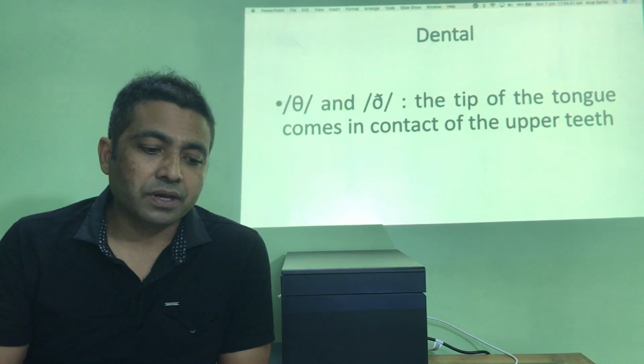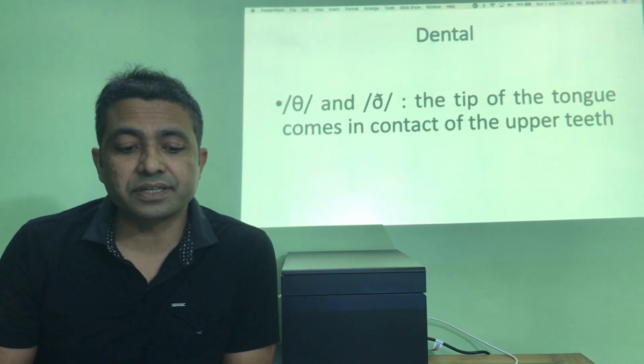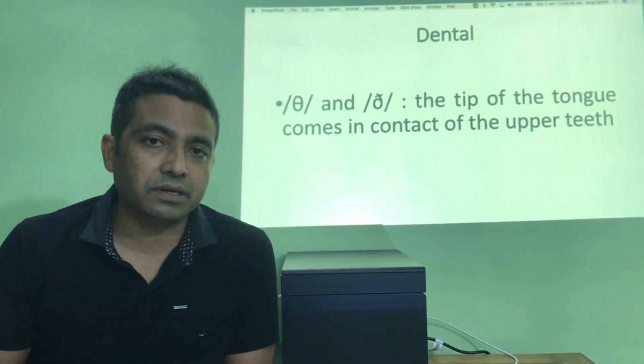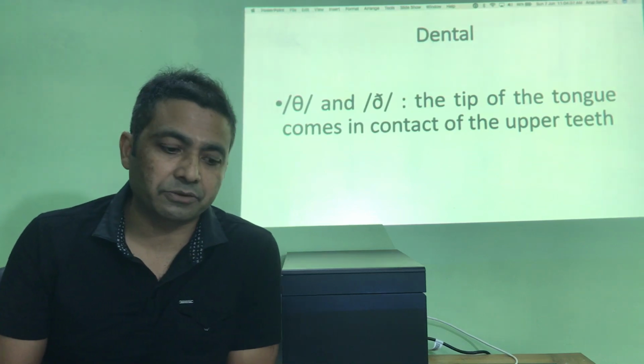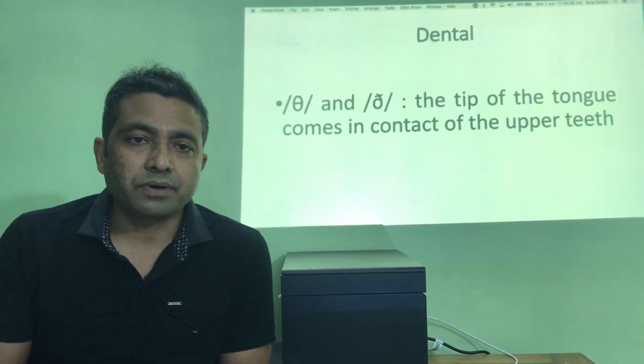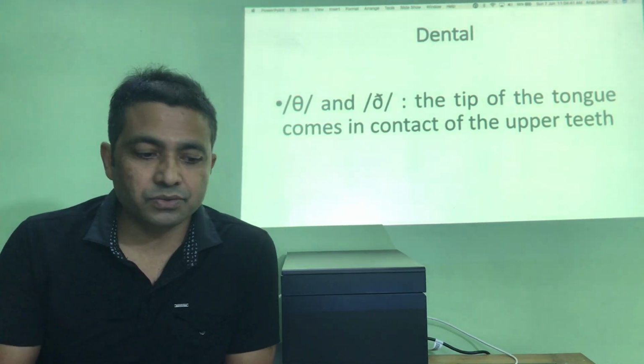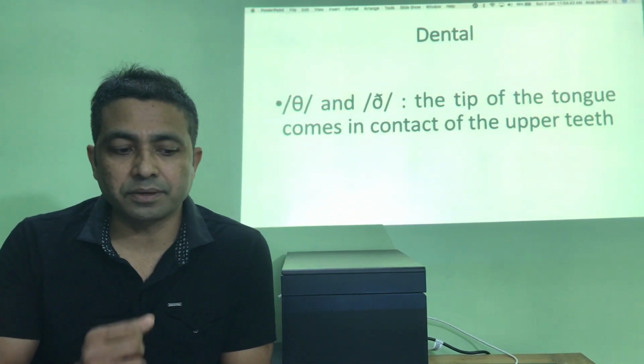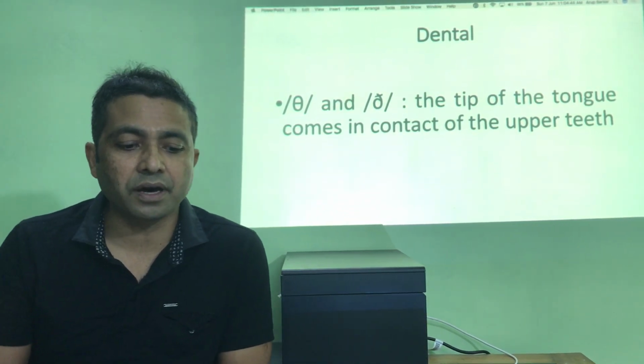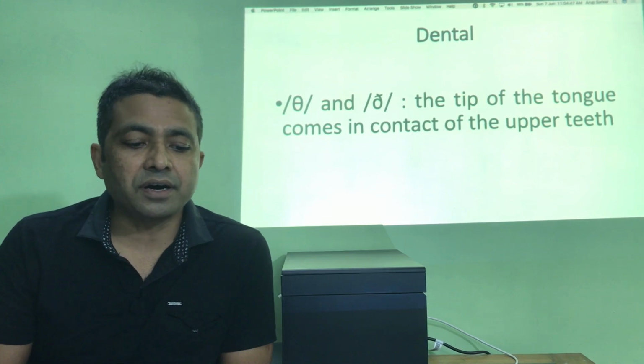Dental sounds, tha and the. These are the dental sounds. Again, these sounds are hardly available in Indian languages, so we have to practice a bit to be fluent in their pronunciation.